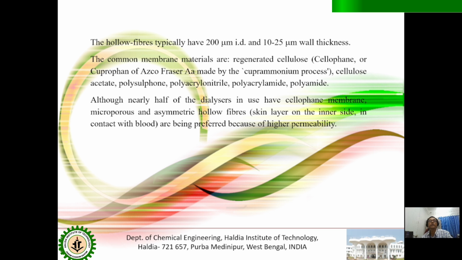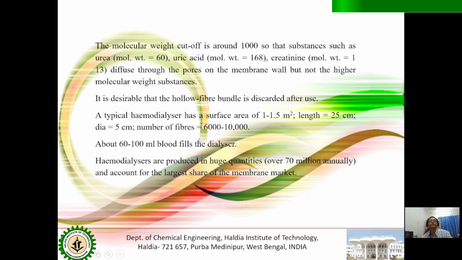These are the different polymeric materials commonly used for dialysis of blood or other solutions. Although nearly half of the dialysis devices have cellophane membranes, microporous asymmetric hollow fibers, with the skin layer on the inner side in contact with blood, are preferred because of higher permeability.